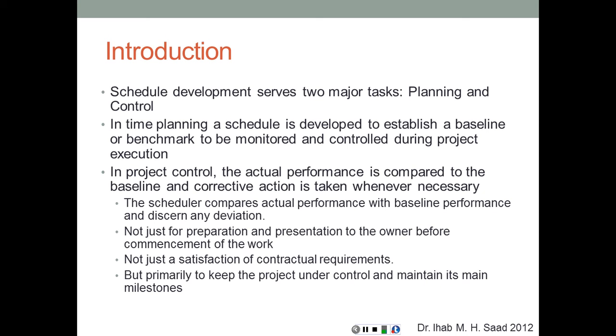So the scheduler compares the actual performance with the baseline performance to discern any deviation, not just for preparation and presentation to the owner before commencement of the work, and not just as a satisfaction of contractual requirements, but primarily to keep the project under control and maintain its major milestones to make sure the project is not slipping gradually.